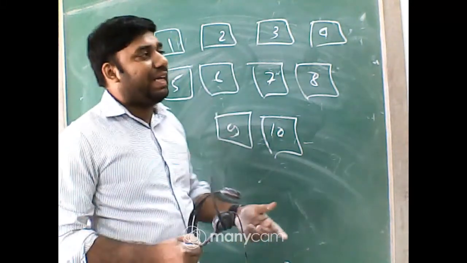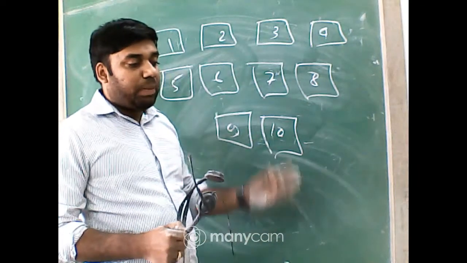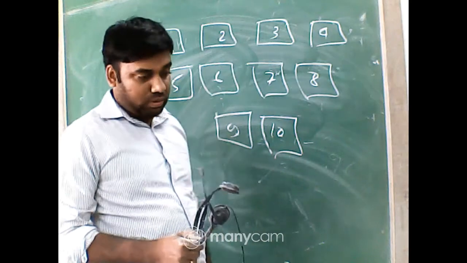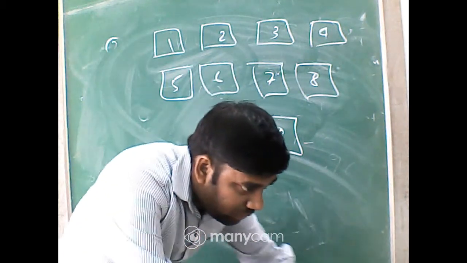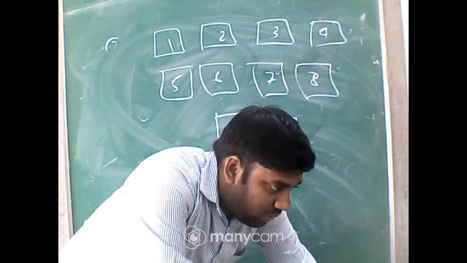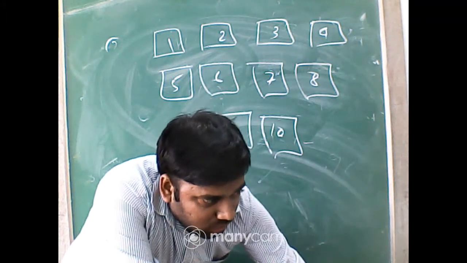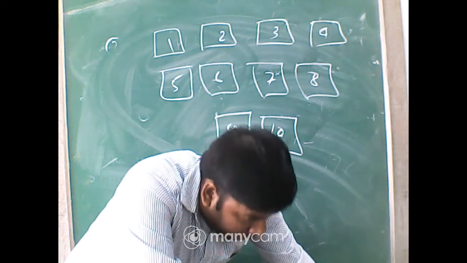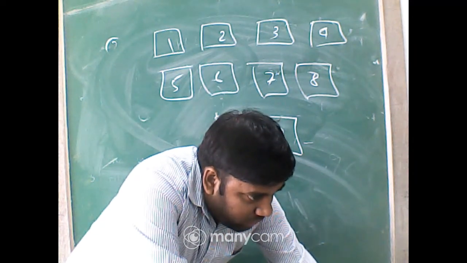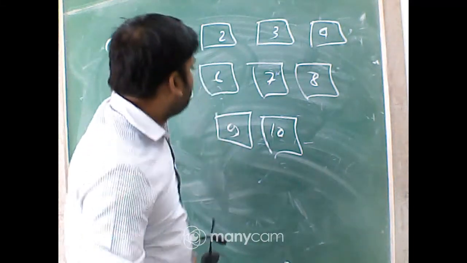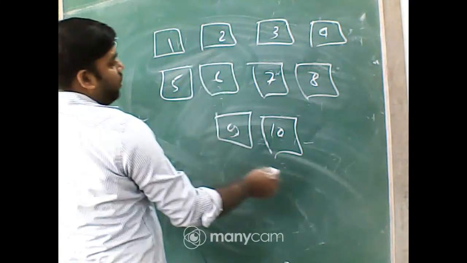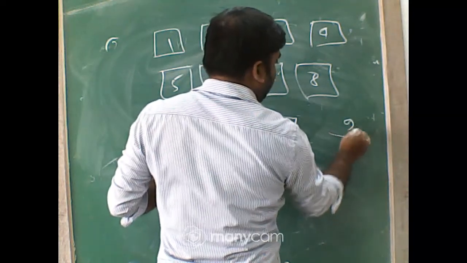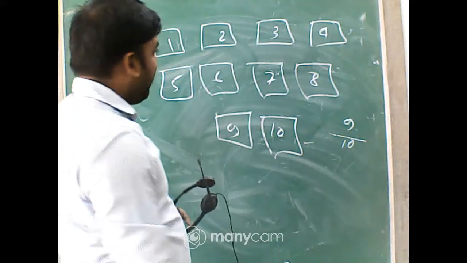I have selected a card. Find the probability that the card is a one digit number card. Yes, 9. It's a very easy question, students, because up to 9 they are one digit. Total number of possible cases 10, and favourable is 9. So 9 by 10. Okay, next question.